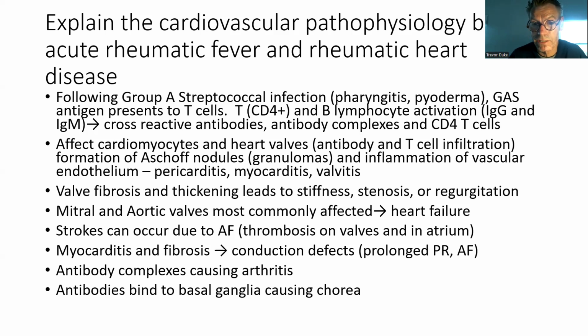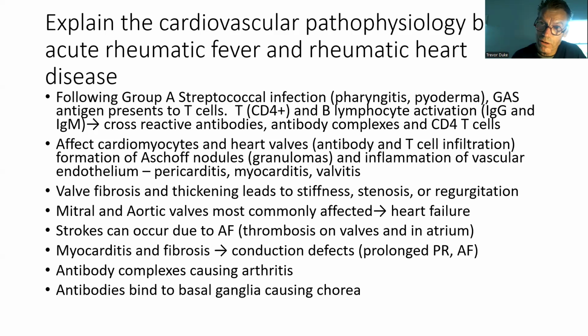The consequence of that is if they're regurgitant, then blood will flow retrogradely on systole, for example, through the mitral valve. If there's mitral regurgitation, then blood's flowing back from the left ventricle to the left atrium because the valve doesn't close properly because it's too stiff.